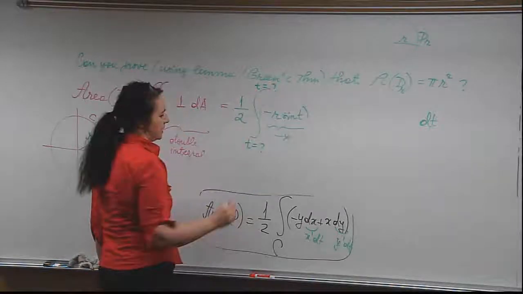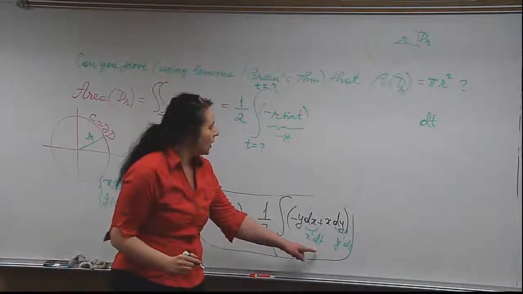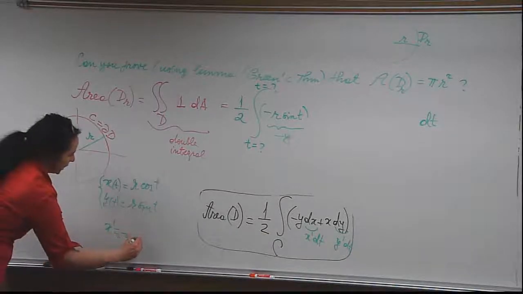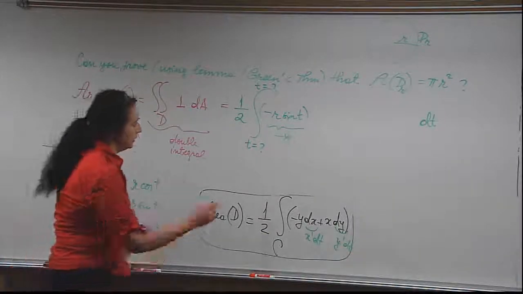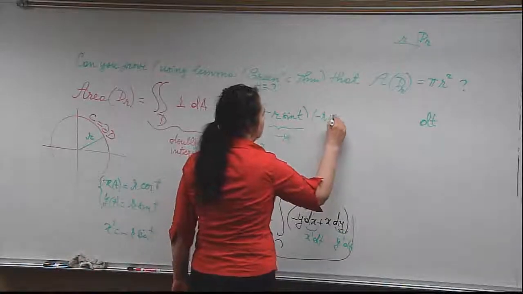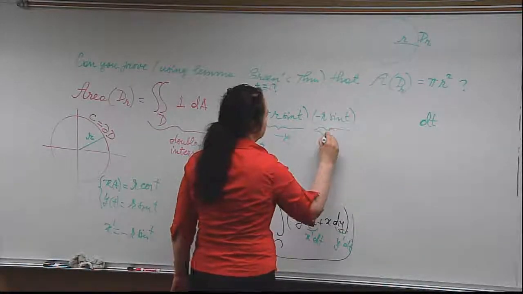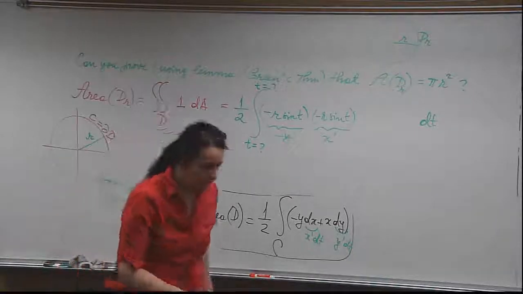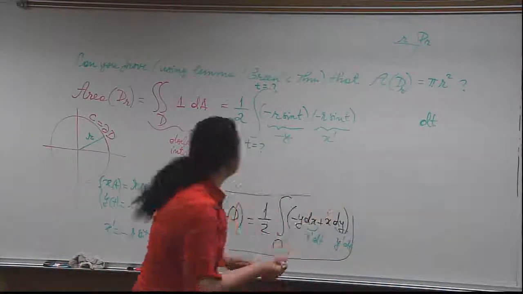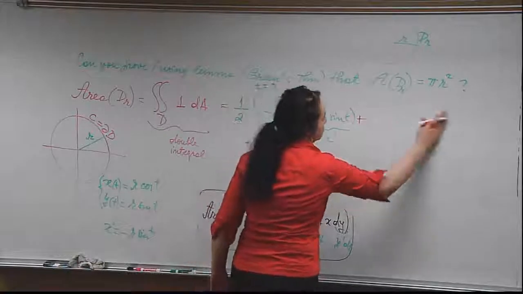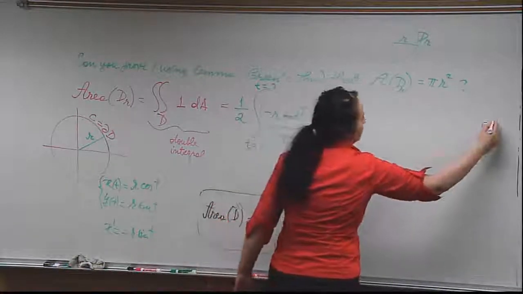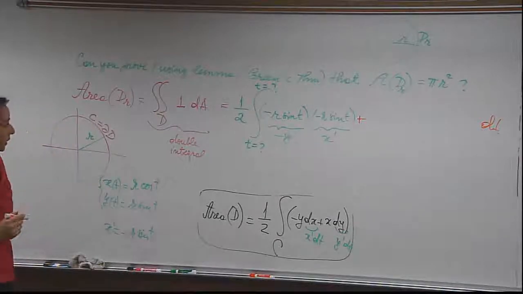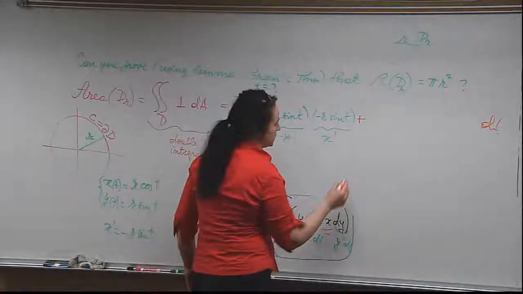We will see that later. What is x prime dt? X prime is minus r sine t. Minus r sine t. That was x prime. Change the color. Give people some variation in their lives. Plus r cosine t, because this is x.